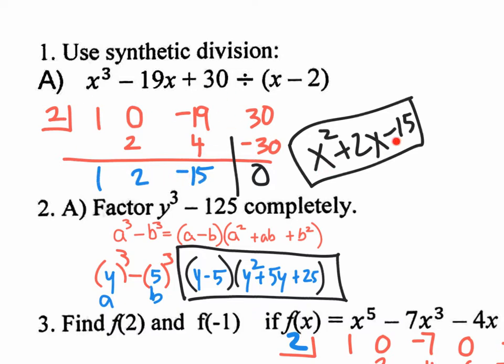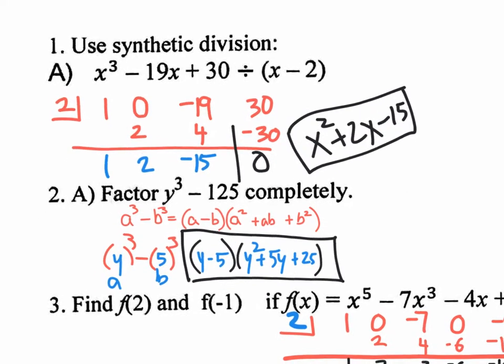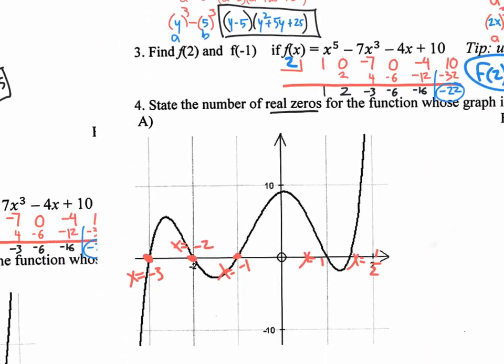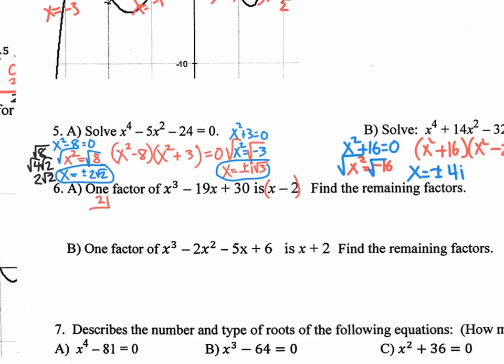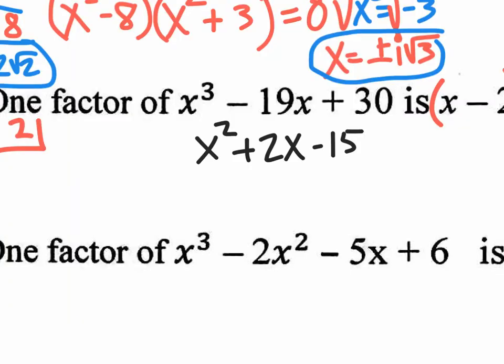And guys, that is your quadratic trinomial that's left over. But they want you to find the other factors. So you would have to take this x squared plus 2x minus 15. Let me actually write that down on the question that we're at. So if we went through the synthetic division, we'd get out this quadratic trinomial. And they want you to find the other factors, so we need to try to continue factoring.